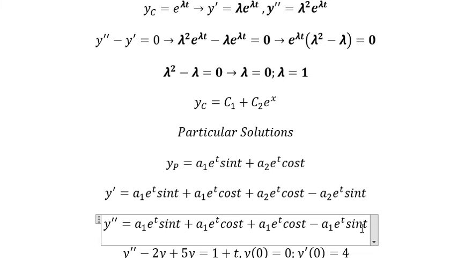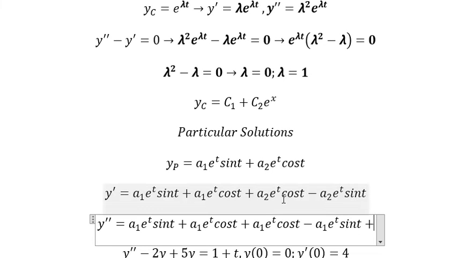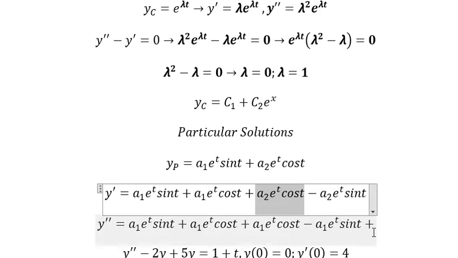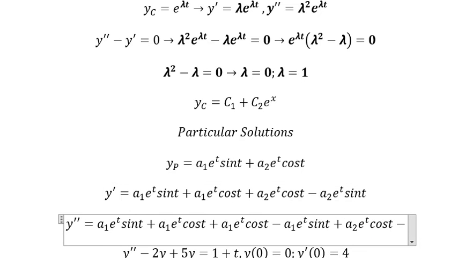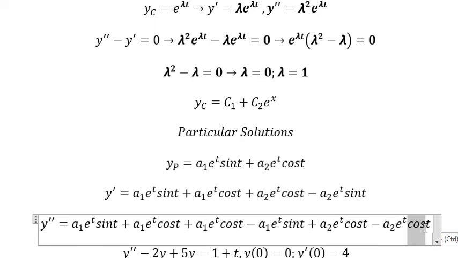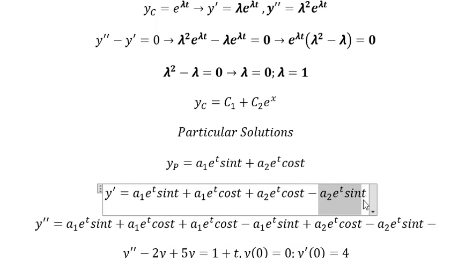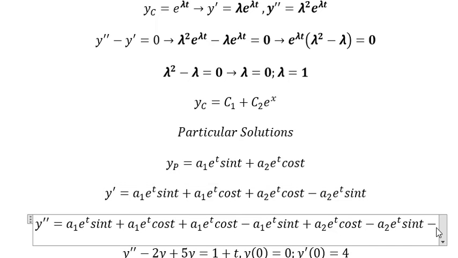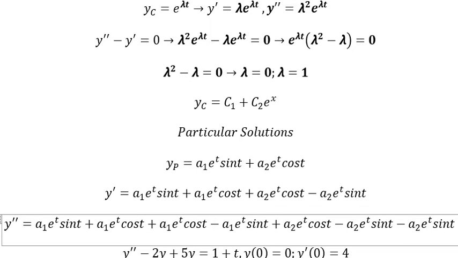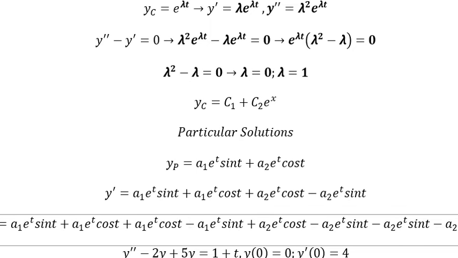So we continue to do first derivative of this one minus this one sine t. Now we do first derivative of this one. After that we have cosine t in here.